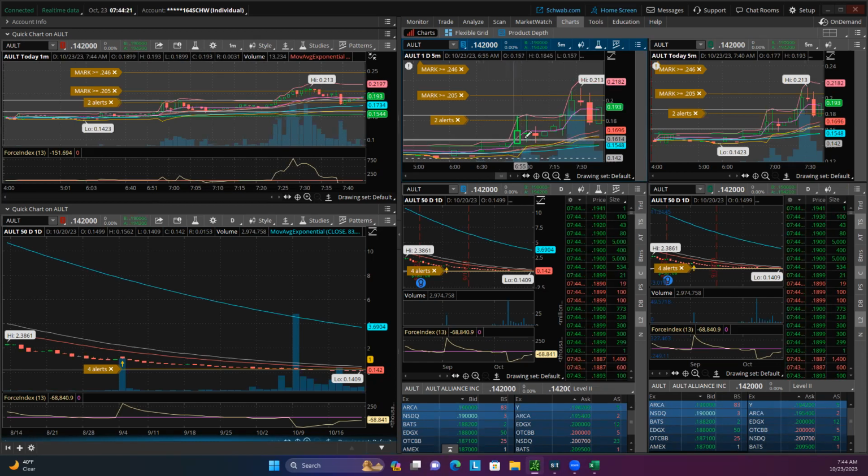But that's hindsight. In the moment, my forefront was, okay, made it to the scanner. Okay, what's the news? I'm just checking to make sure the news is not a public offering. If the news says public offering, I don't care if it's loading a million shares a second and it's pushing up, I'm not buying it.